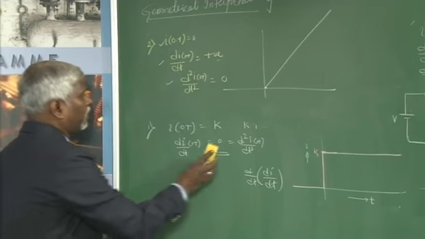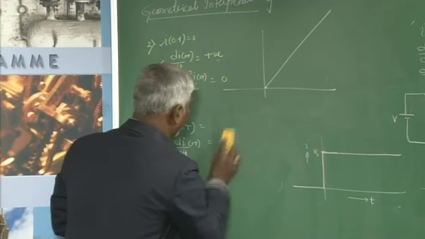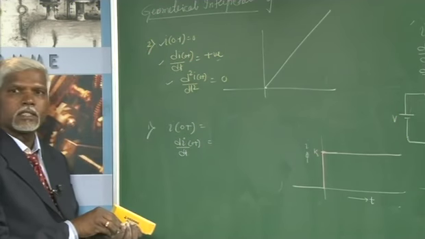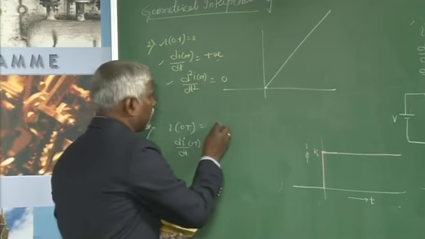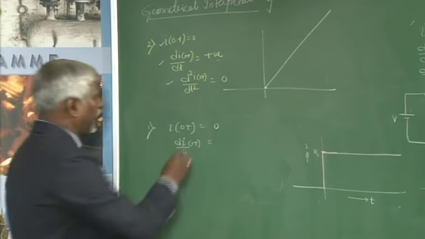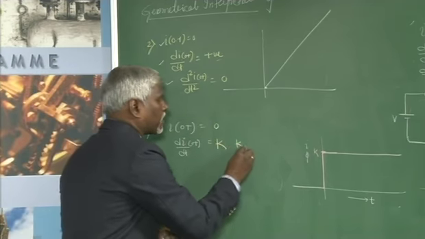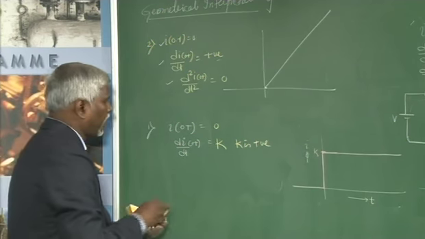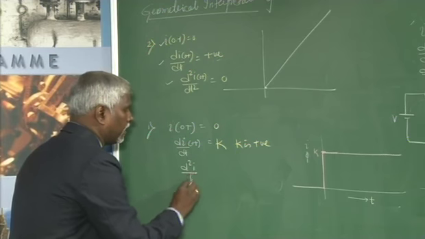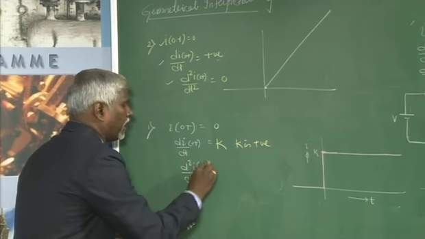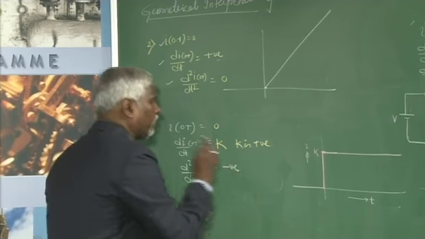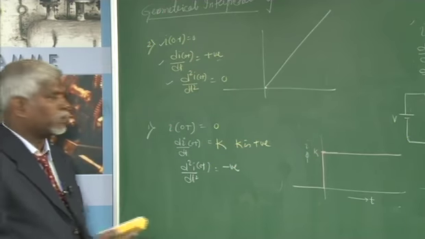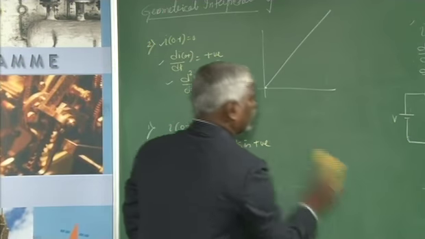Another example I will give you. If I at 0 plus is 0, di by dt at 0 plus is k, where k is positive, and d squared I by dt squared at 0 plus is a negative value, we can anticipate the response.